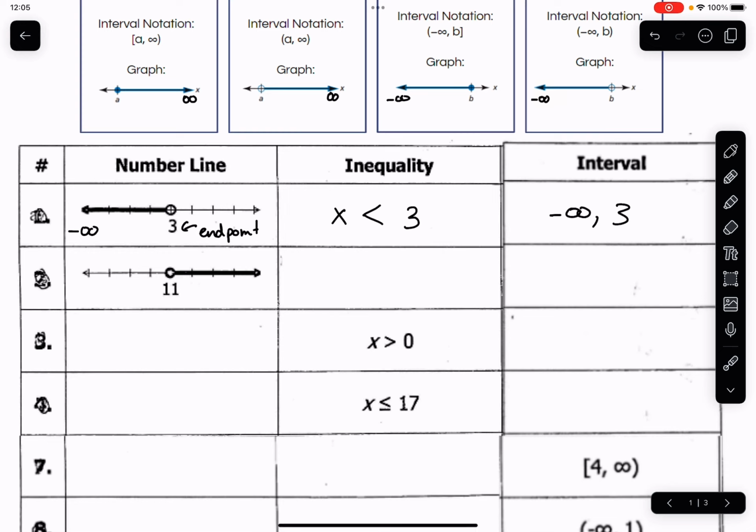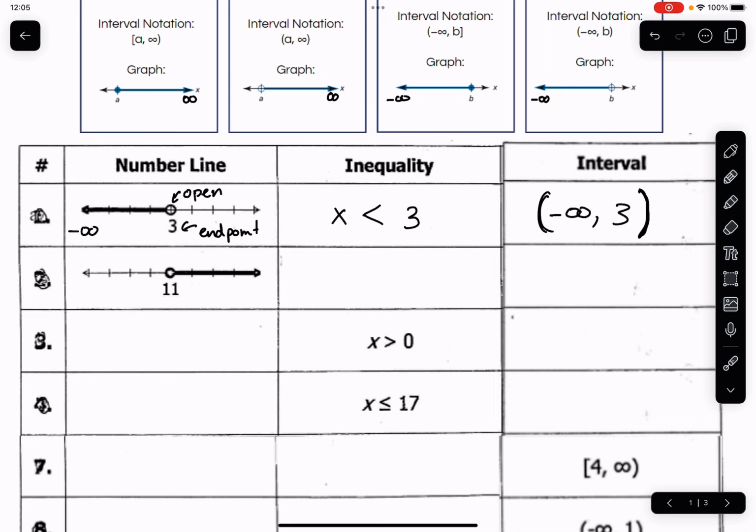So it matches again perfectly to this diagram there. Now, let's put the correct parentheses. On the infinity, that is always going to be open. So we're going to use the open parentheses on that one. And on the 3, because again, it's open, we're going to also use the open parentheses on that as well. So this is going to be the interval.